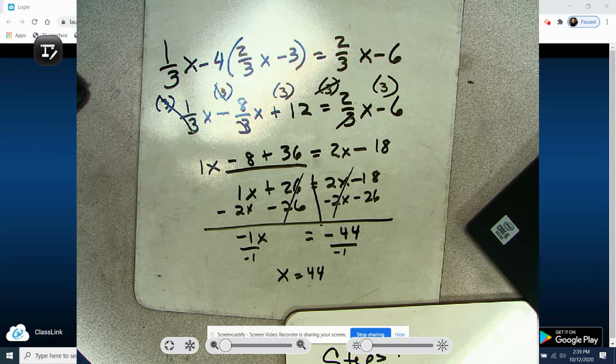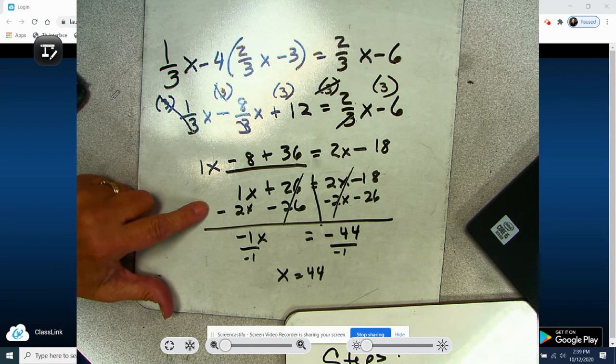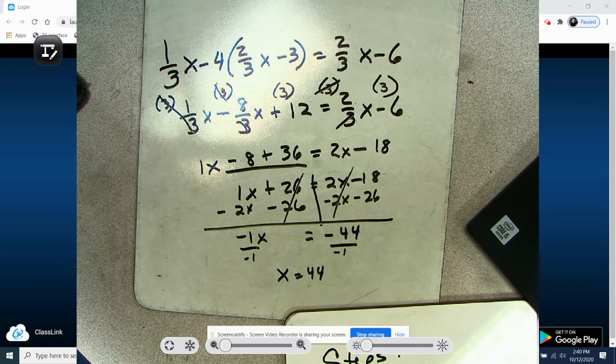You are going to add the two lines together, like you did here. And then your last step is to divide by the number in front of the letter.